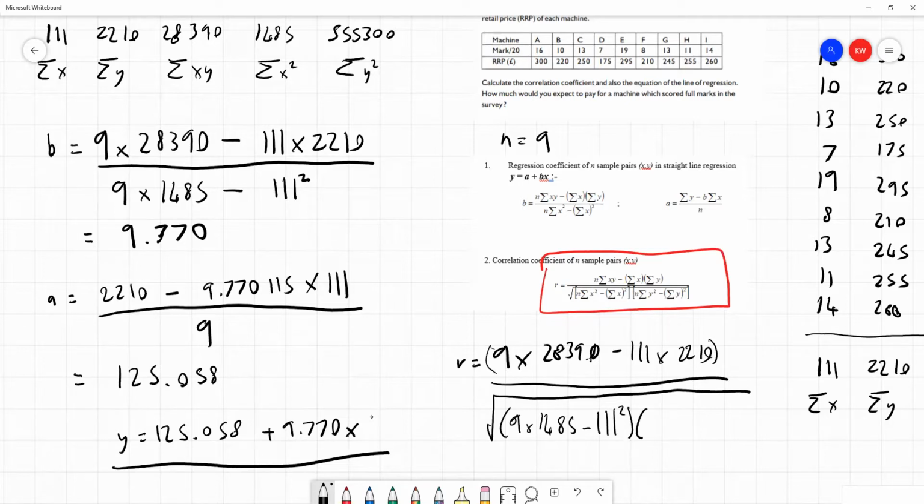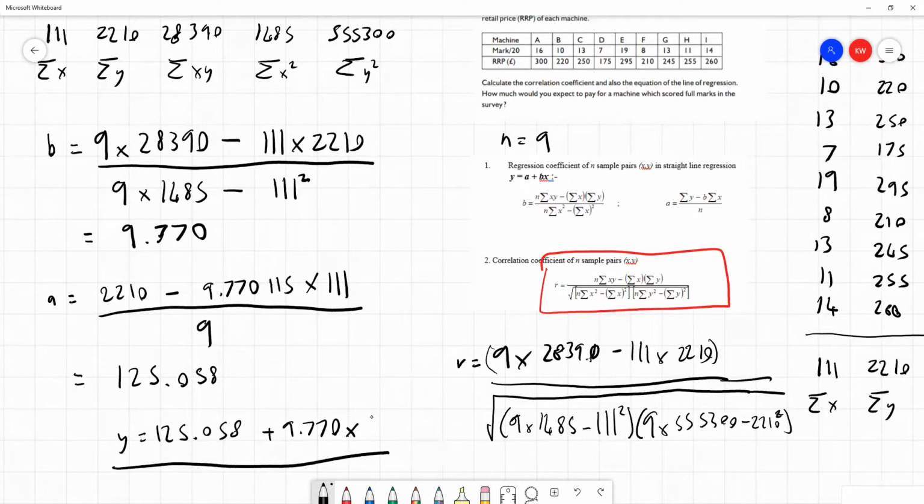And that bracket is multiplied by 9, the value for n, times the sum of y squared, which is quite a big value, 555300, minus the sum of y all squared, so that's 2210 squared. Just about fit that in.